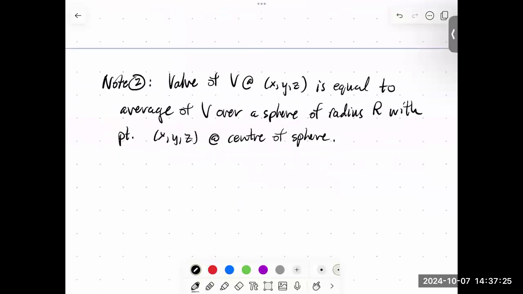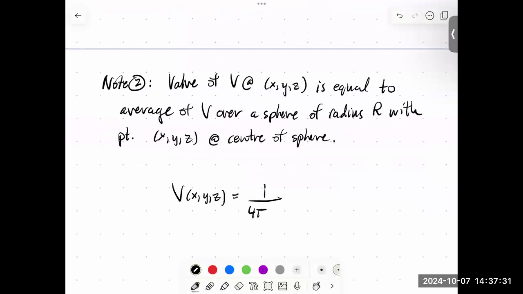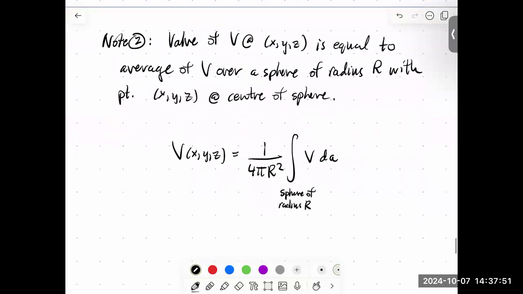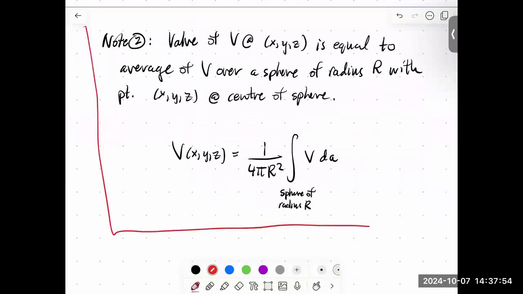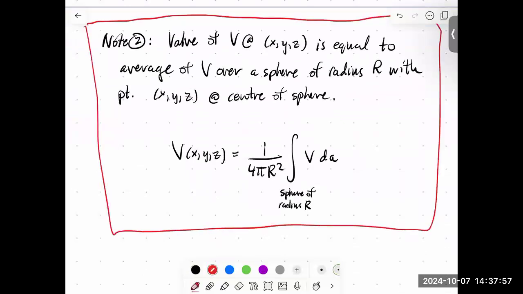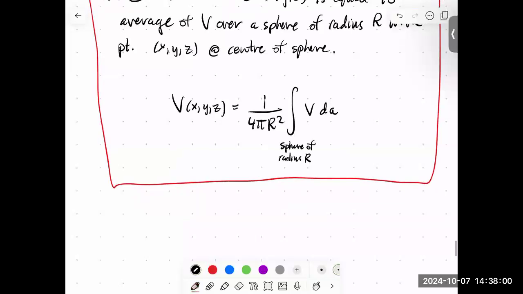Okay, and so mathematically, we could write that as the potential at x, y, z is, so we divide by the surface area of our sphere, and then we add the potential up around that sphere. And this is a sphere of radius r. All right. And so I'm going to try to prove this second note to you. So proof of 2.